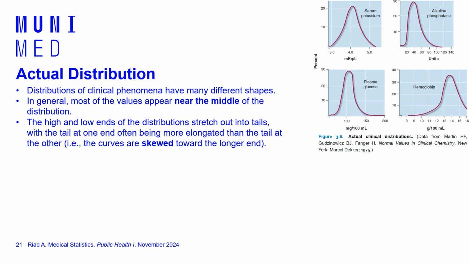They are not symmetrical. For example, if you look at alkaline phosphatase, you will see that the values are a little bit skewed or stretched toward the upper limit. The same for plasma glucose. The values are a little bit skewed to the upper side or the higher side, which means the right side. On the other hand, blood hemoglobin is skewed or stretched to the left side, which is the lower limit.